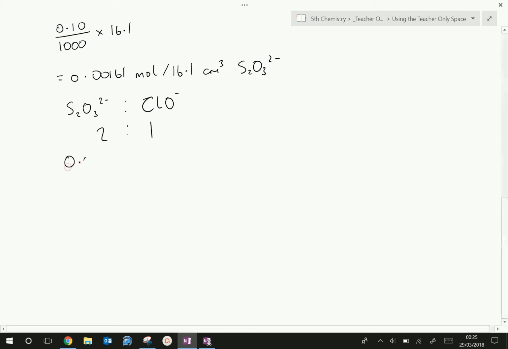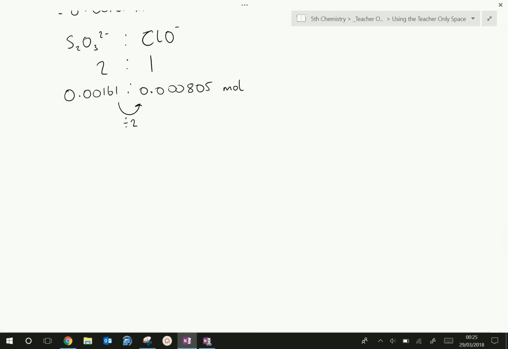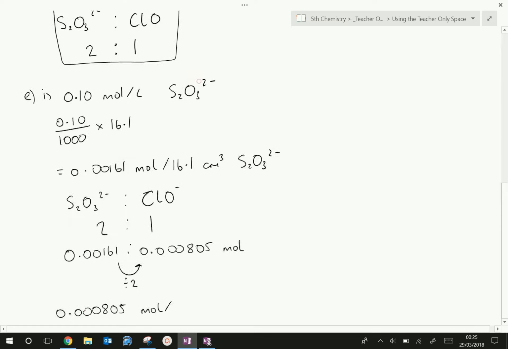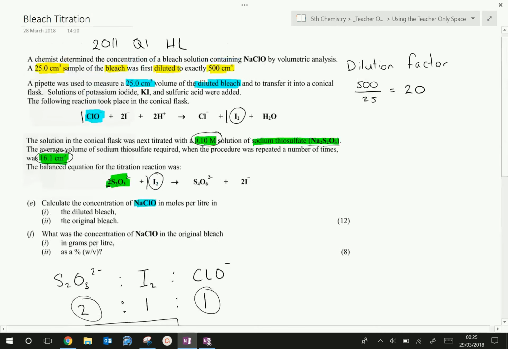So if I have 0.00161 moles of thiosulfate, I must have half as many moles of hypochlorite. So that's how many moles of hypochlorite were in my dilute bleach. So I had 0.000805 moles per, how much bleach solution did we use?